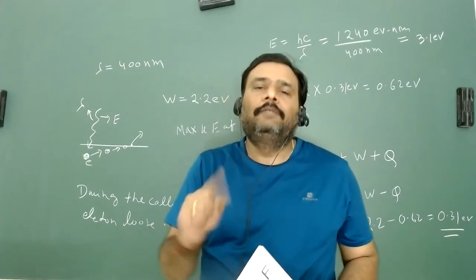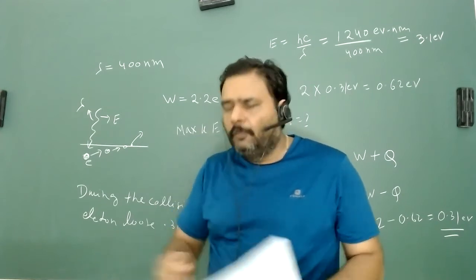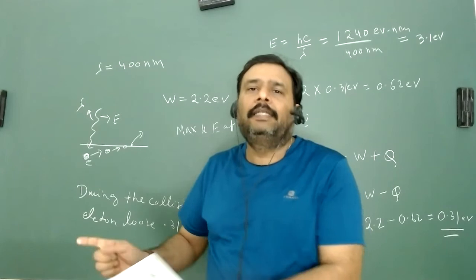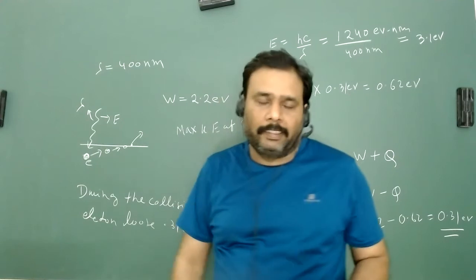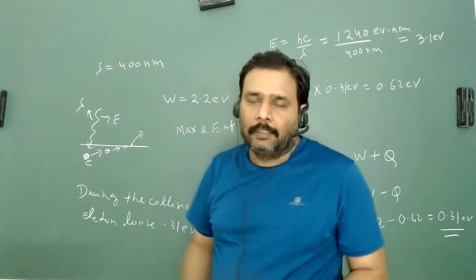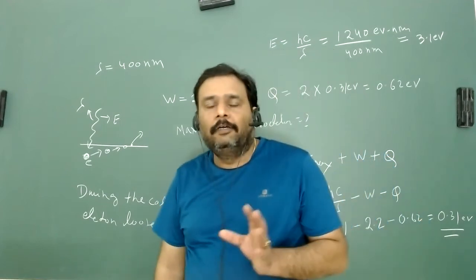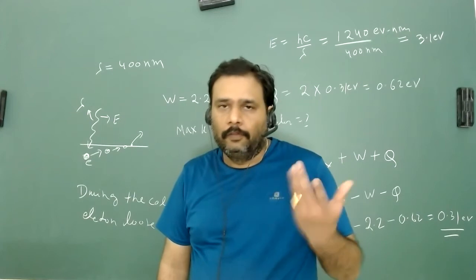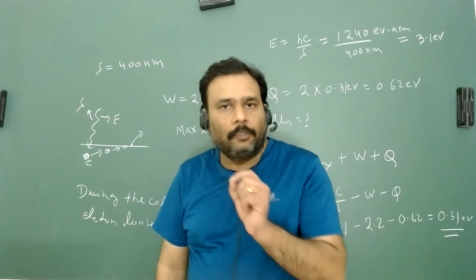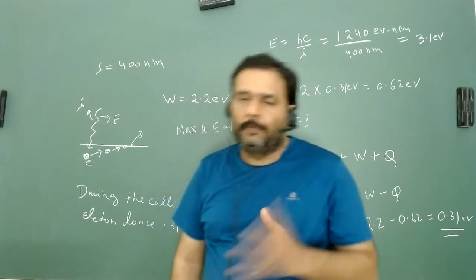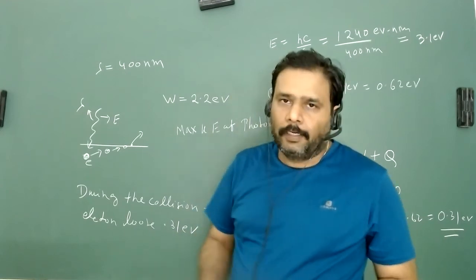First, it will try to overcome the work function, and in between it can do some other work also, such as the collisions, because it is not that this is all vacuum and it can just come outside. So it will lose all this work, and the remaining part of the energy will be identified as the kinetic energy of the photoelectron. The outgoing electrons are identified as photoelectrons. This is one of the most beautiful problems I have ever seen in the photoelectric effect. So let's go to the next problem.